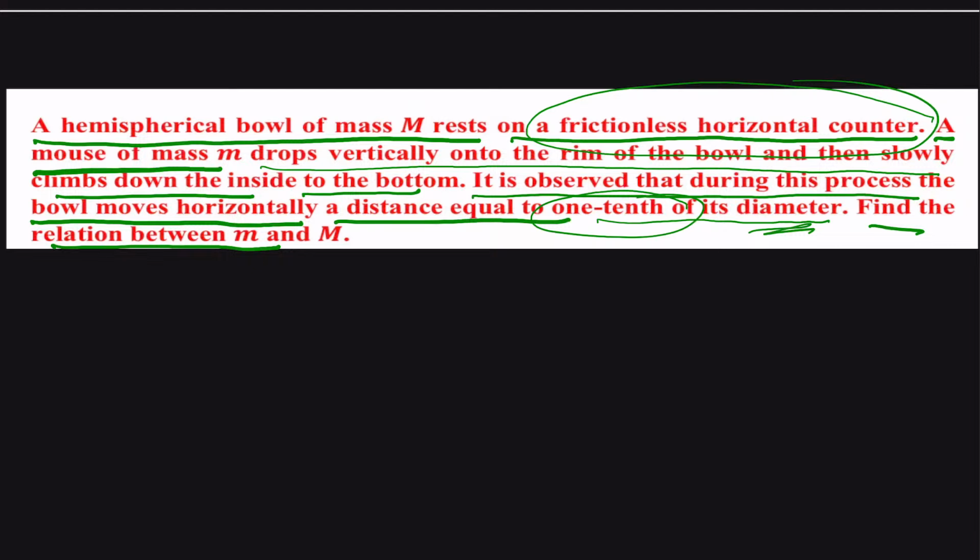In simplest terms, we can say that the horizontal center of mass position remains constant, or we can say the horizontal momentum is going to remain conserved. So we are only going to focus on this center of mass concept in order to solve this particular question. So this is a major difference between the two.